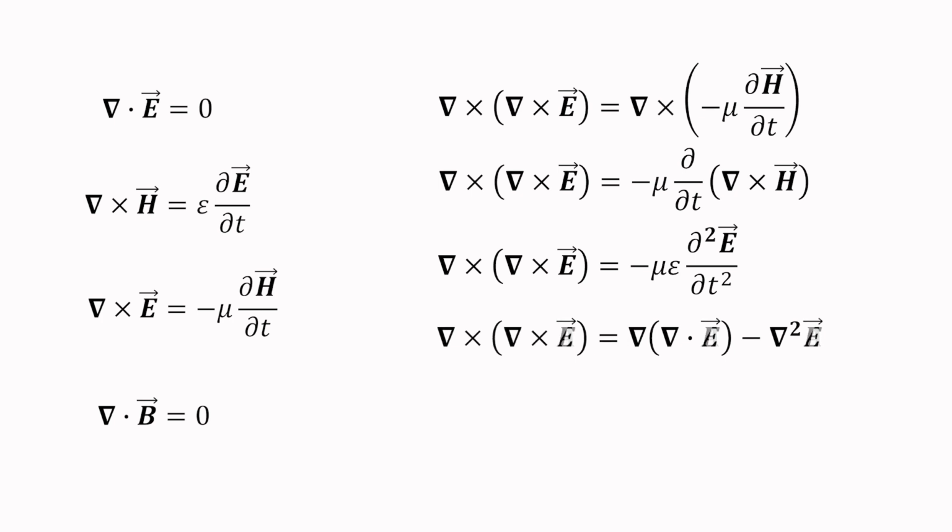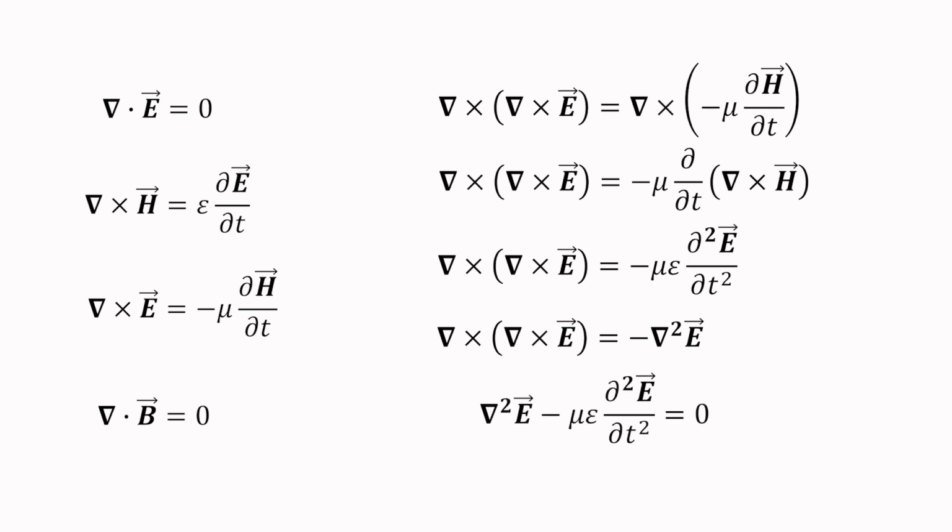When we apply this to the electric field, our first equation tells us that the divergence of E equals 0. The first term disappears, and we are left with the curl of the curl of E equals minus del squared of E, giving us the second order differential equation that states that del squared of E minus mu epsilon times the second time derivative of E equals 0.